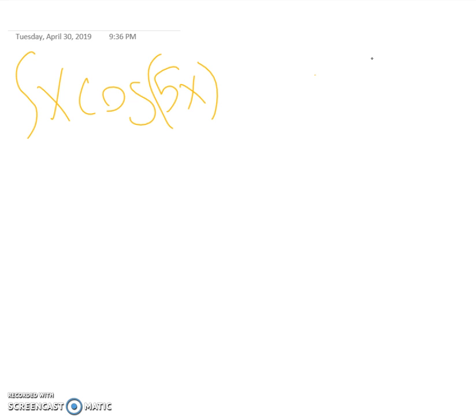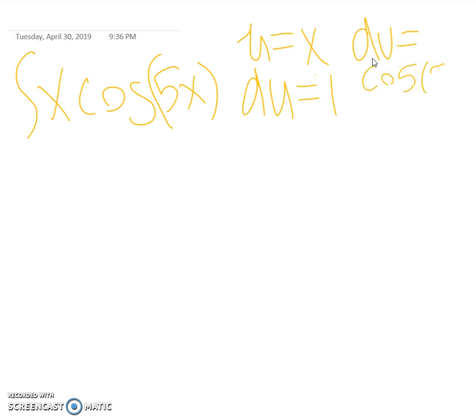So right here we have a trig and an algebraic function. So we're going to make the algebraic function the u to get a simple integral. So u is going to equal x, du is going to equal 1, and dv is going to be cosine of 5x.